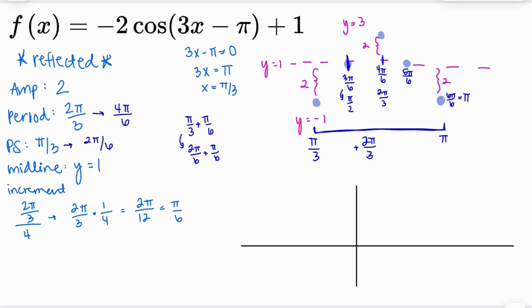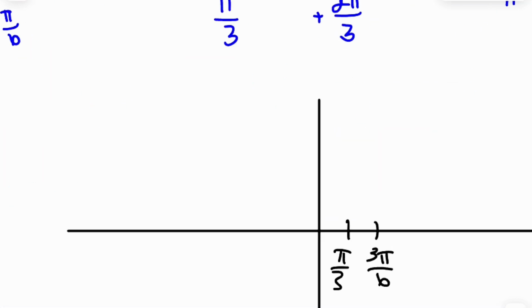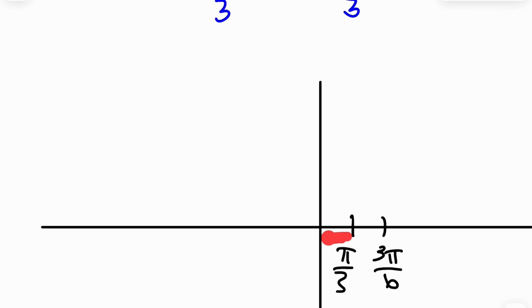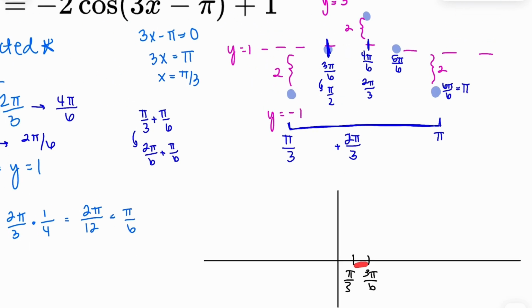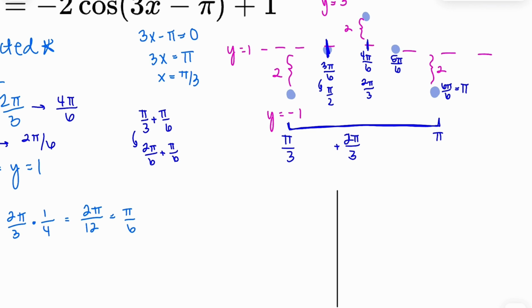Because my graph has an increment of pi over 6, that is what I'm going to count up by. A lot of times people will be like, oh, okay, yeah, it starts at pi over 3, and then they'll start counting up by pi over 6. But that doesn't work because now this is a gap of pi over 3 and this is a gap of pi over 6. When we label our axes in the math world, we are counting up.